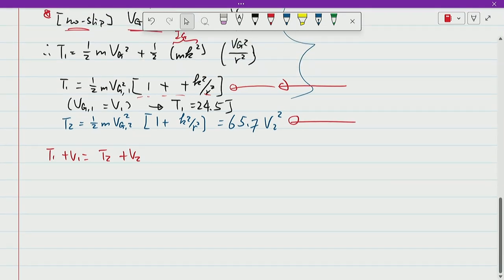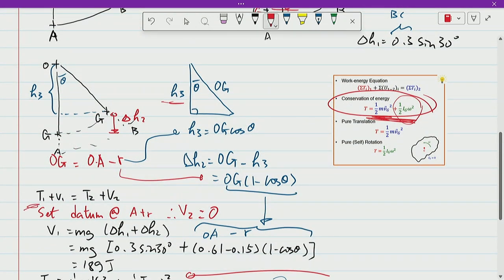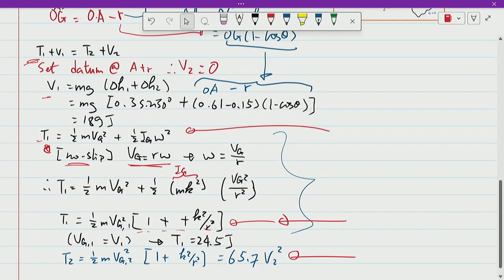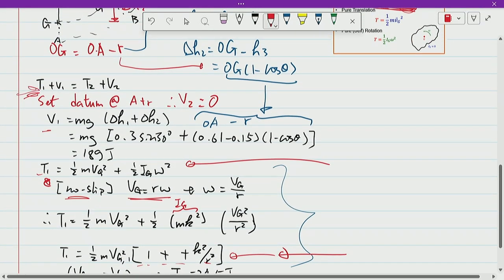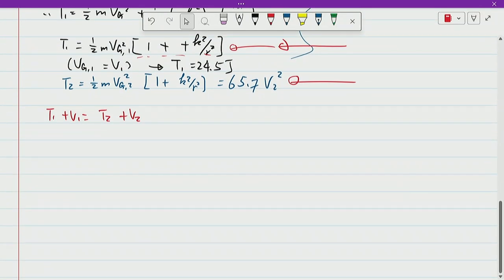So again, for energy problems, don't go gung-ho at the beginning and try to solve all the T1, V1 into one mega line. Always break them out. You can imagine if I just stuff everything in and work from there, you're going to have an equation that is half a page long, and that's a recipe for disaster. Now, V2 is 0 because we set the datum where the particle ends up.